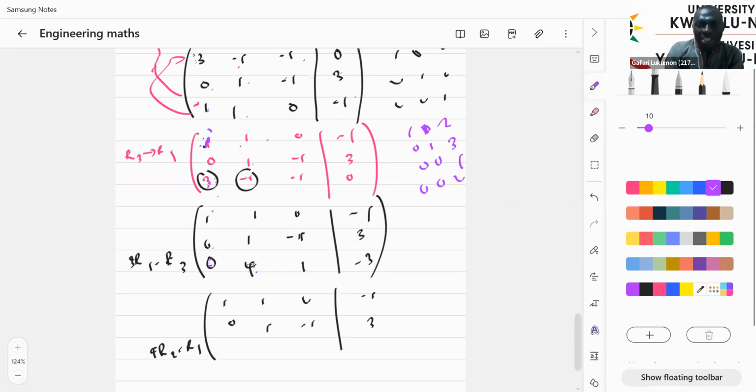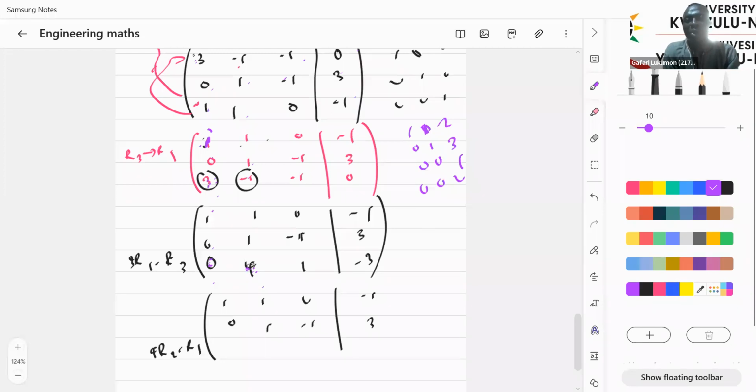To make this to be 0, use row 1 and row 3. To make the next one here to be 0, that is the last one, use row 2 and row 3. You know the reason why? Let's say if I use row 1 and row 3 here, since this is having 4, what we are going to do is to multiply this guy by 4 as well. The moment you say, okay, now 4 times 1, that is 4.